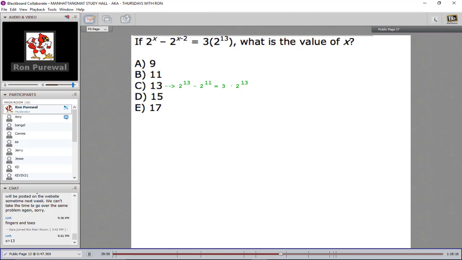I mean, that doesn't make any sense. You can't take a number, subtract something from it, and get 3 times the original number. So this whole thing is less than 2 to the 13th, and this is obviously more than 2 to the 13th. So that's not going to work.